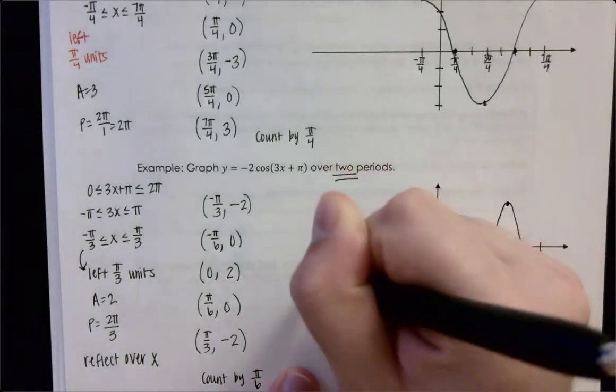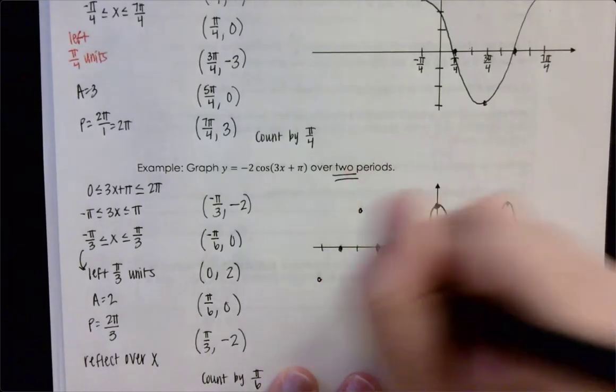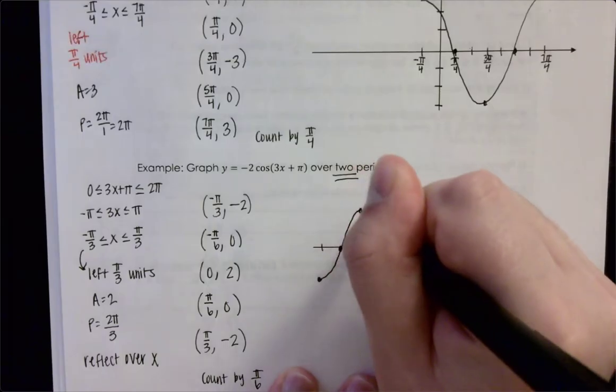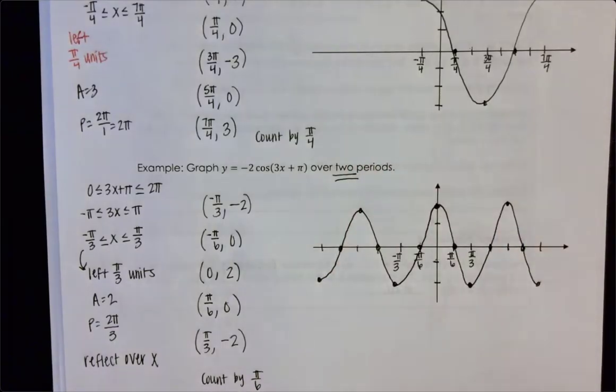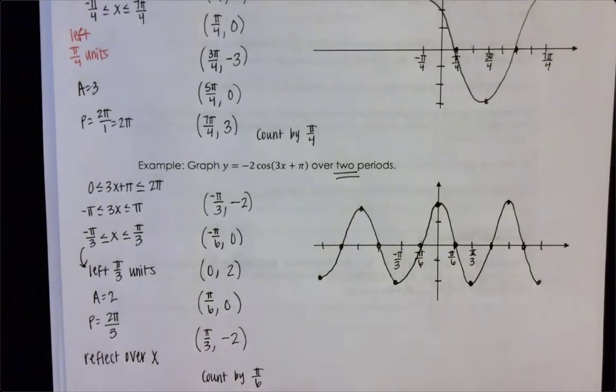We could have also done this. And that would be a third period. Or you could have had the 2 periods here or the 2 periods here. It doesn't matter.